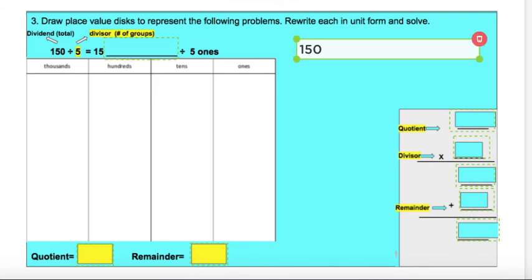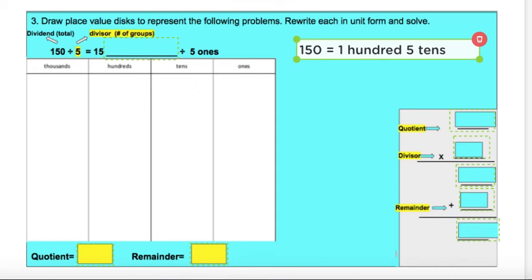The number 150. Do I have any thousands in this number? No. Do I have any hundreds in this number? I sure do. I have 100. Do I have any tens in this number? I do.